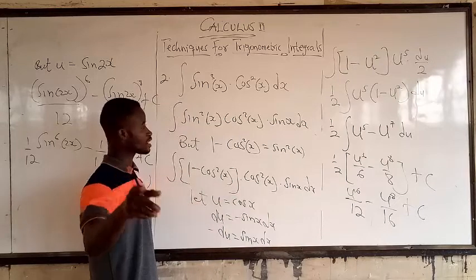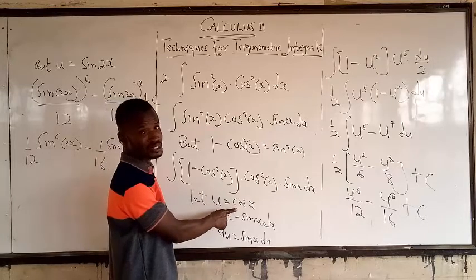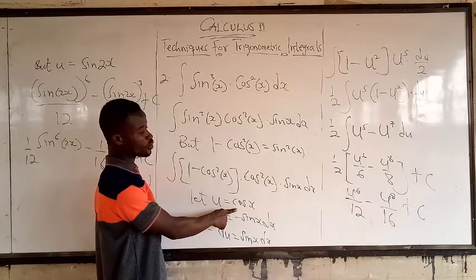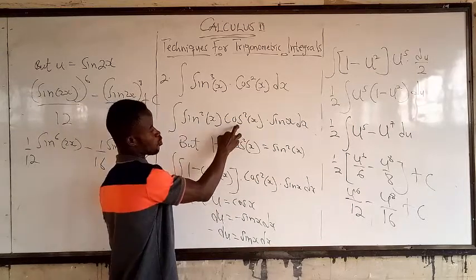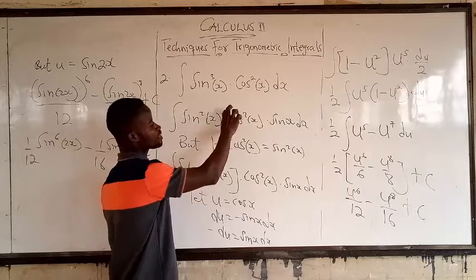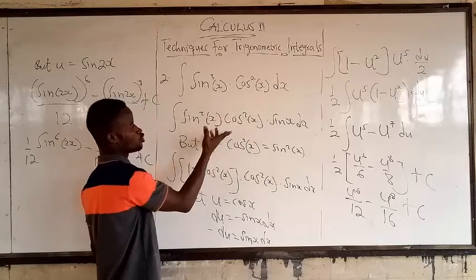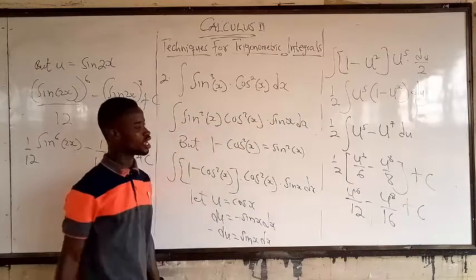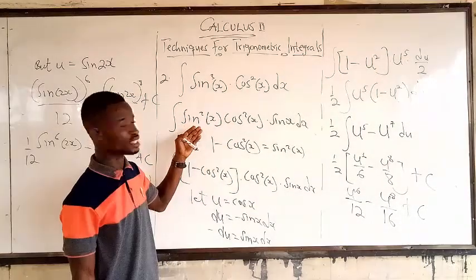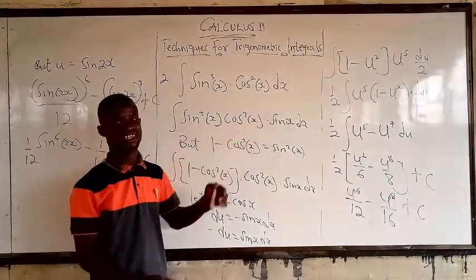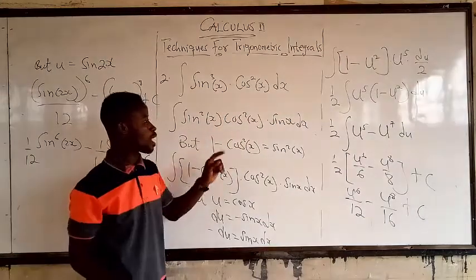But let's look at the case where you set u to be sine. Doing that is not going to help you. Or the case where you do the Pythagorean identity of the cos square. When you do that, everything here will change to sine. Alright? And when everything here changes to sine, you'll be getting sine to the power 4. You're going to be getting everything to be in sine, because you have changed it from Pythagorean identity to 1 minus sine square x.